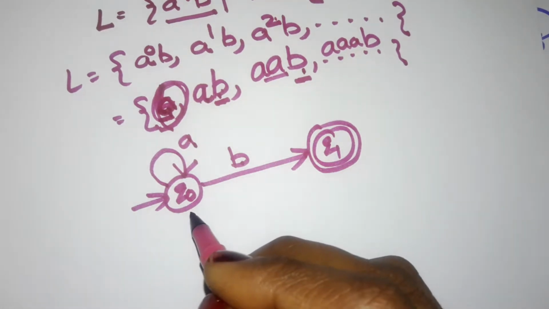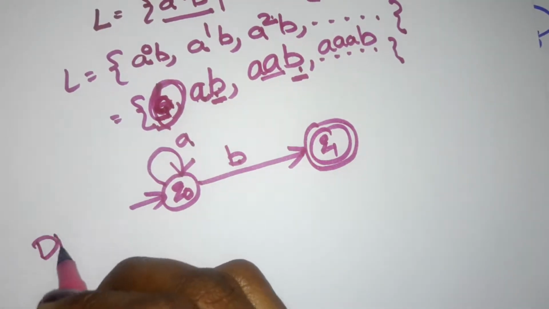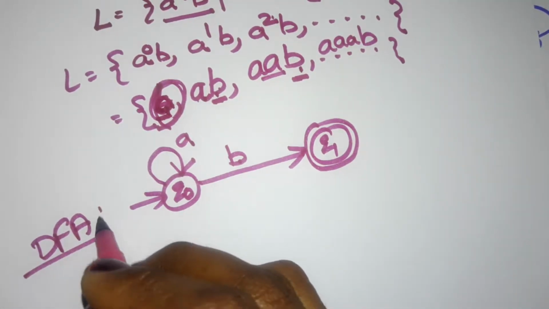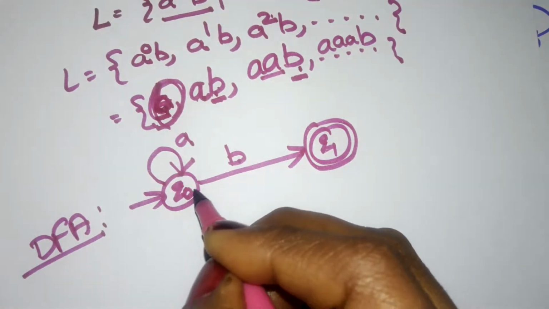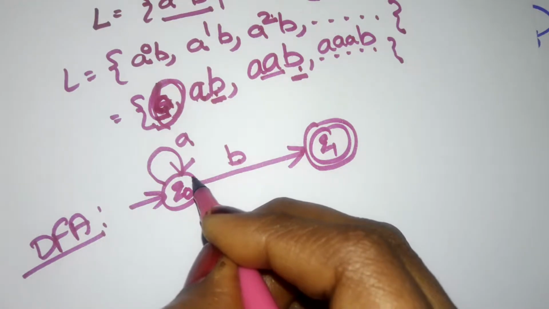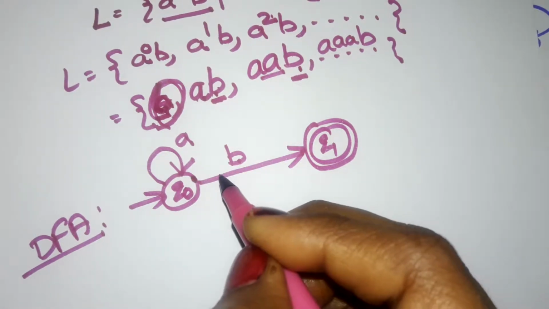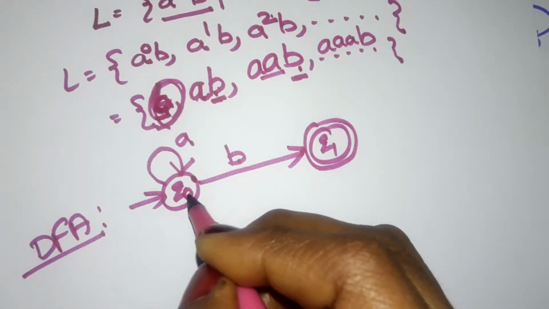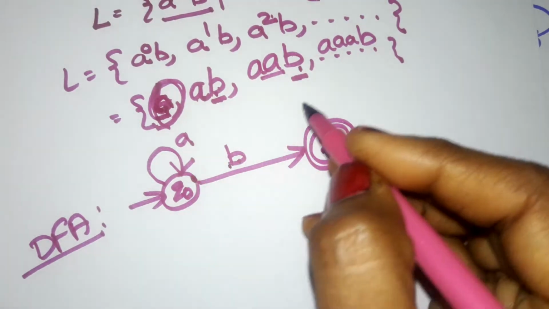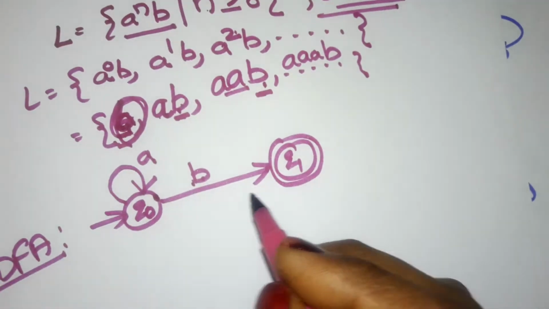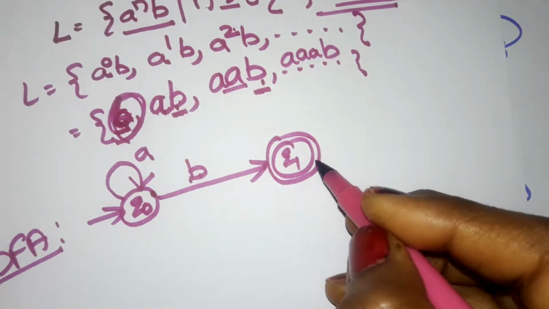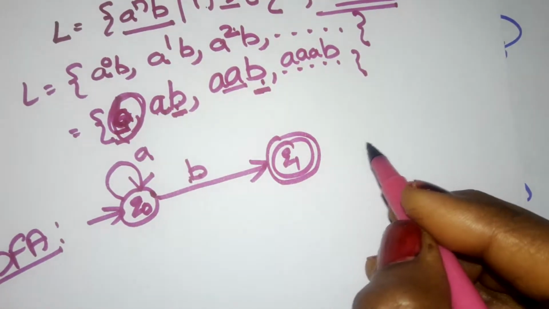Now you need to check, this is a deterministic finite automaton. In a DFA, you need to check whether each and every state has the complete set of input symbols or not. So at the state q0, a and b, since sigma is the set of input symbols a, b. So q0 should have a, b, and q1 should also have a, b.